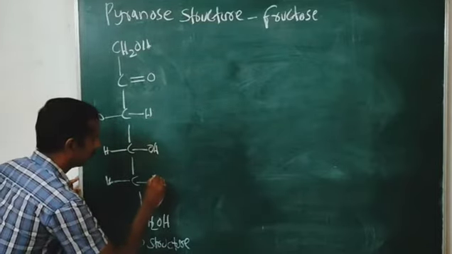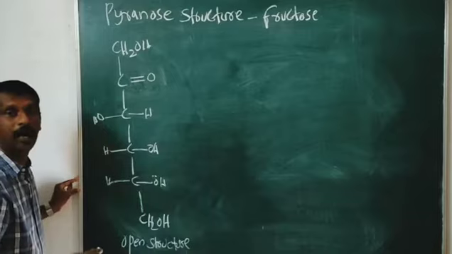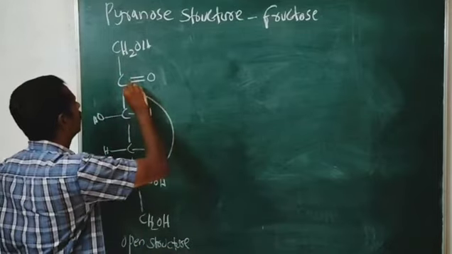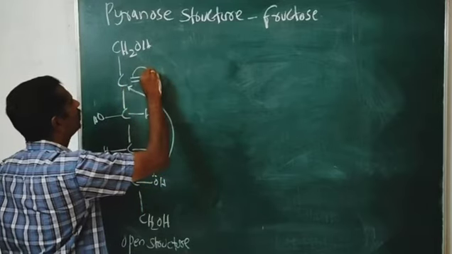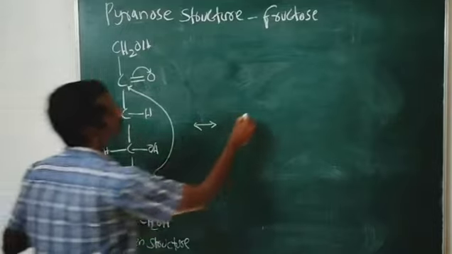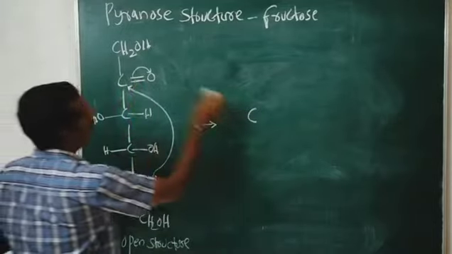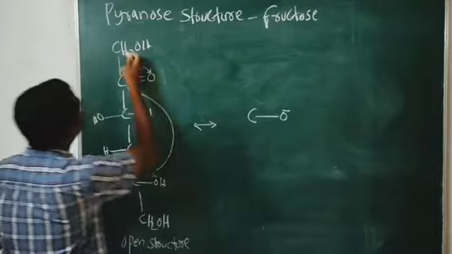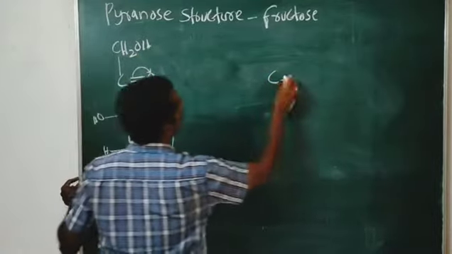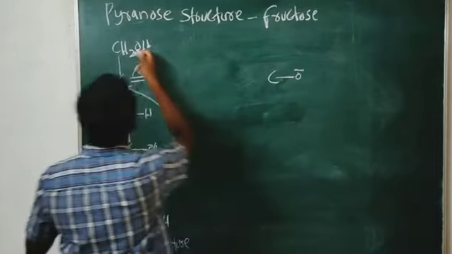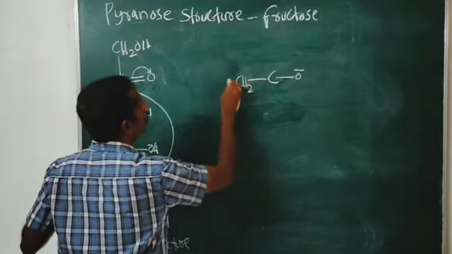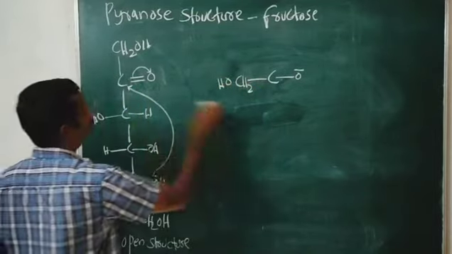Now, as we discussed in the case of glucose, this pair of electrons will attack this carbon and this bond will shift to here, and we get a structure like this: C, and here it is O minus, and this CH2OH. This CH2OH I am writing here. Okay, no problem.